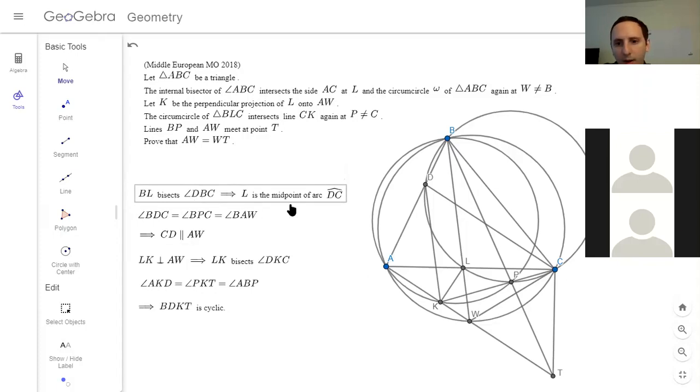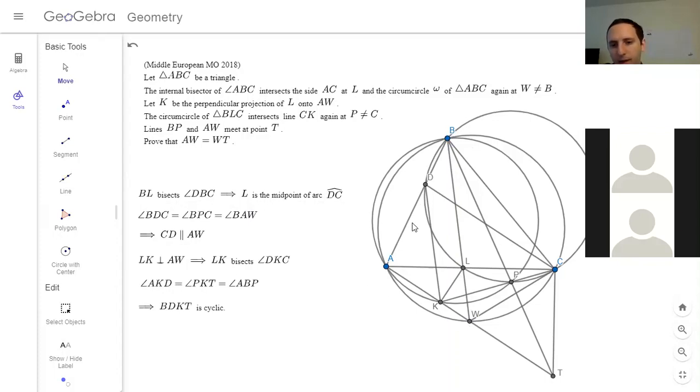Okay, so how do we show it? I'm trying to remember how we did it. So we just want to show BAK equals BLC. I think now I remember.